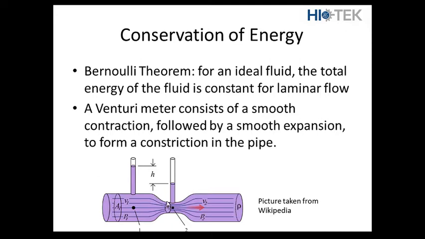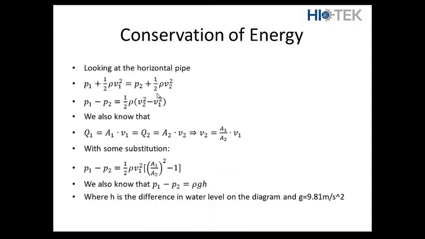So you've got this constricted bottleneck in a pipe, and you'll usually measure just before the fluid hits the bottleneck and at the bottleneck, and you'll get a difference in fluid heights that we're going to call H. We're pretty much working with the same values as before: A1, V1, P1, A2, V2, P2, and rho. This picture is taken from Wikipedia.